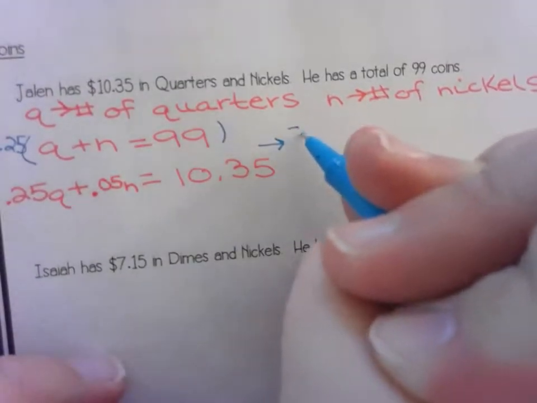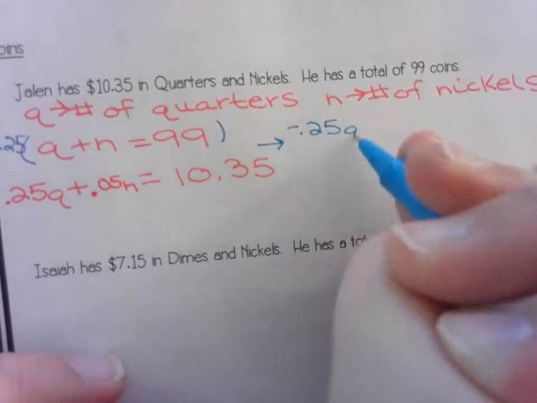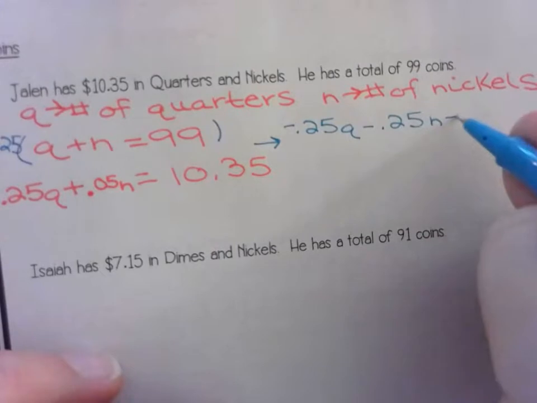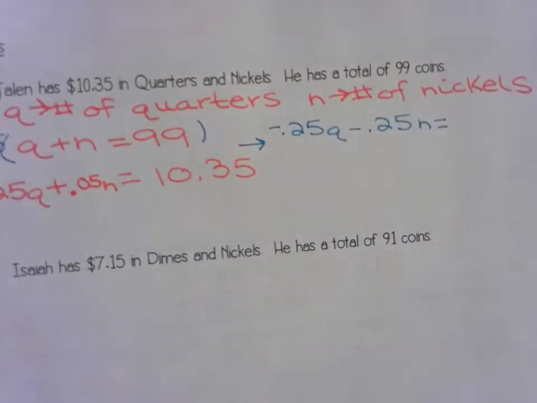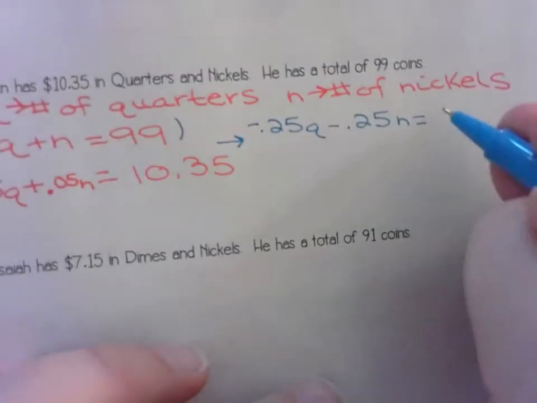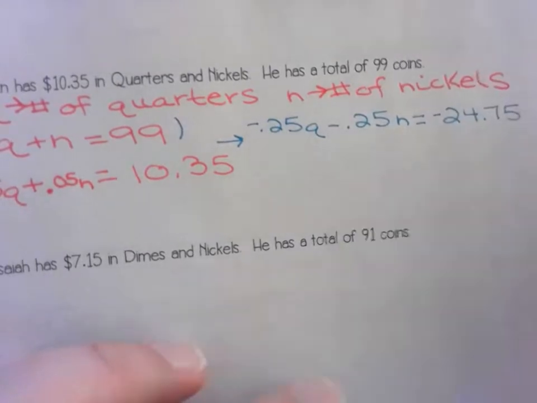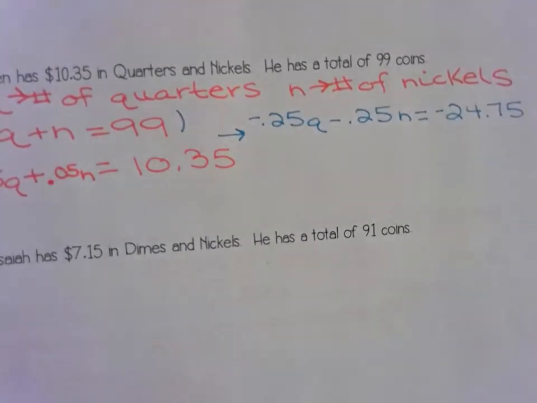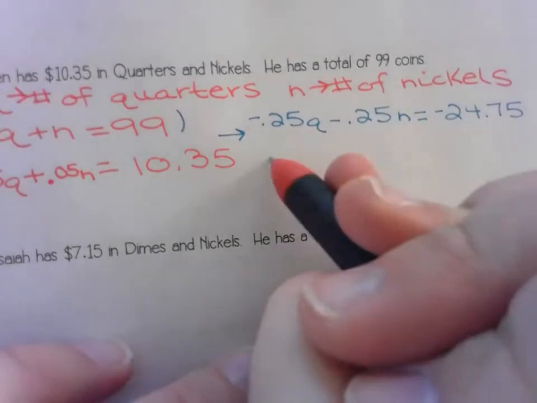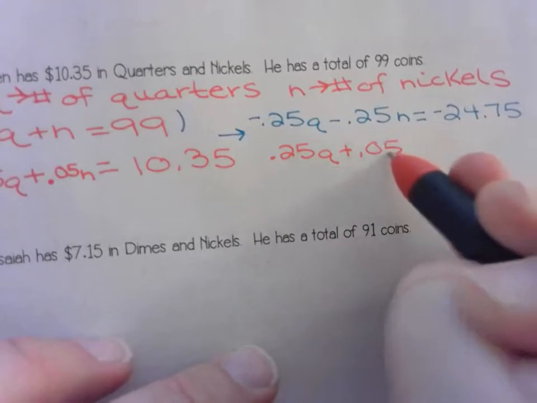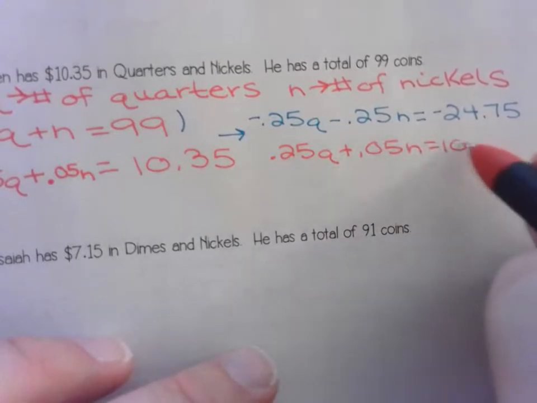It would be negative 0.25q minus 0.25n equals, and negative 0.25 times 99 is negative 24.75. My bottom equation I did nothing to, so it stays 0.25q plus 0.05n equals 10.35.